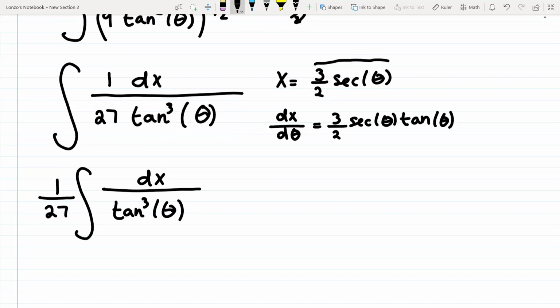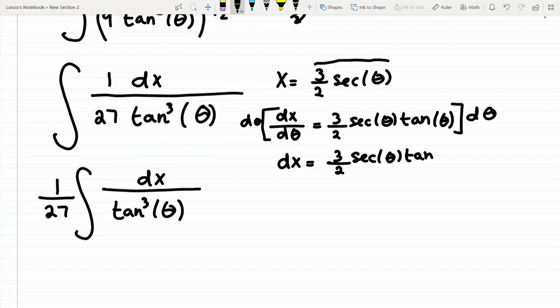Then we want to get dx by itself, so I have to get rid of this d theta. To do so, I'm going to multiply both sides by d theta. This cancels, so you're just left with dx equals 3/2 secant theta times tan theta times d theta.